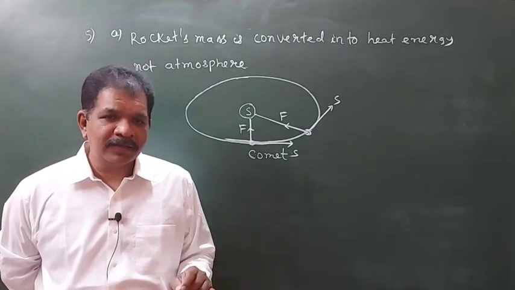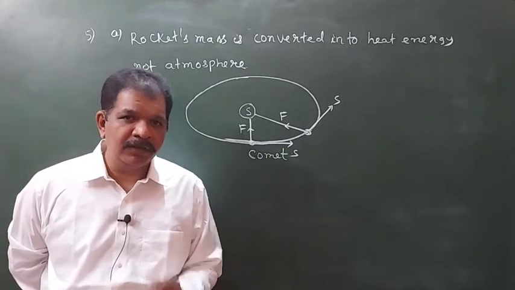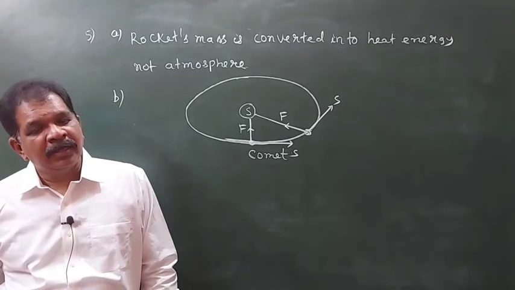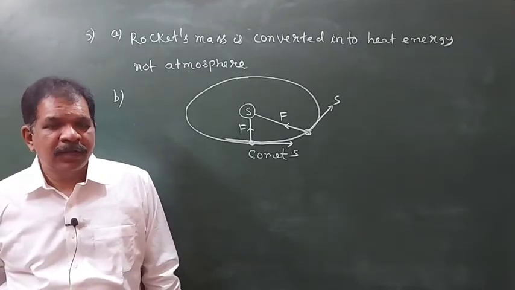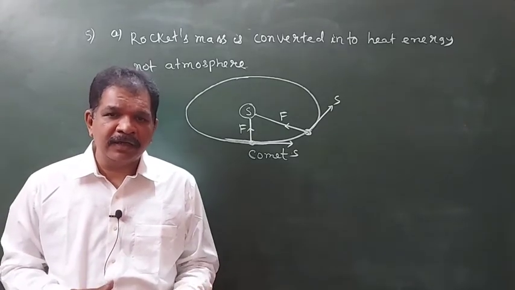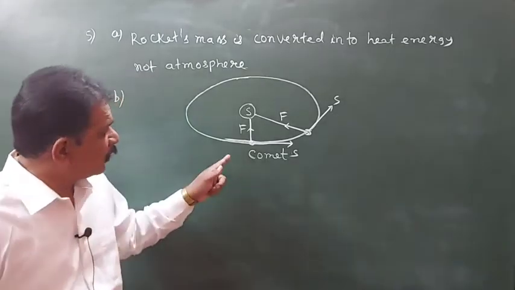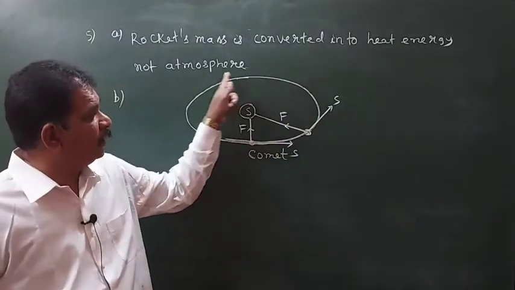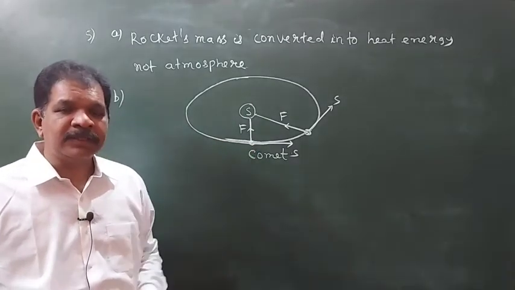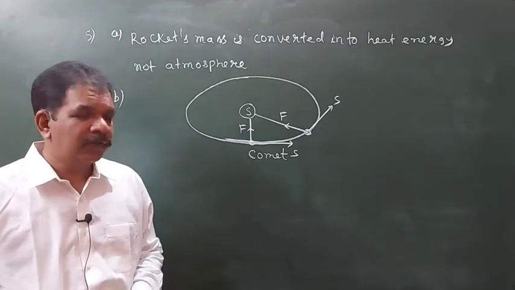So what they are asking is, when a comet is revolving around the sun in an elliptical orbit, at all situations the angle between force and displacement is not 90 degrees. Though the work done by the comet to complete one circle, one revolution around the sun, is equal to 0. Why? That is the question.